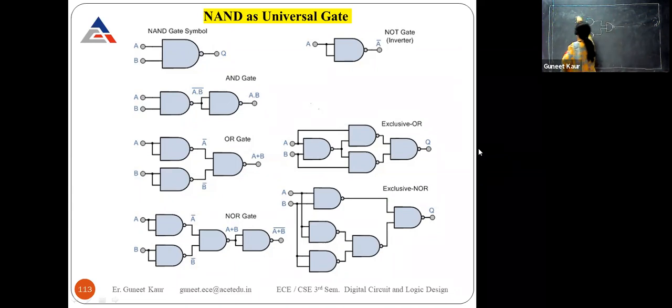So this is your A, this is your B. So OR gate using NAND gates only. Okay. So how will it act as A plus B? I will derive this expression.